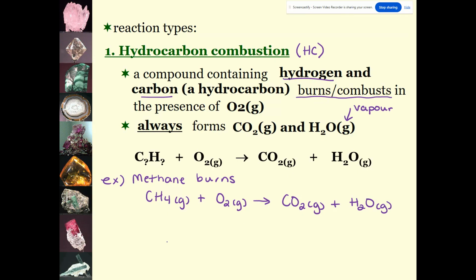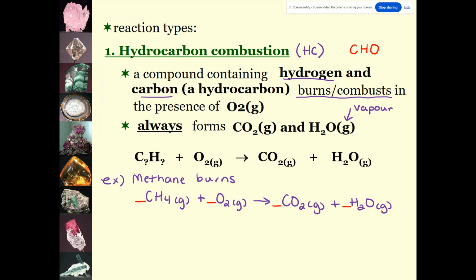Now balancing, I'm going to use a different color just to show the balancing. So again, I'm going to put numbers in front of every substance that I have in my reaction: my methane, my oxygen, my carbon dioxide, and my water vapor. Now for balancing, it usually doesn't matter the order you balance the elements in, but for hydrocarbon combustion, it's easiest if you balance the carbons, then the hydrogens, then the oxygens.